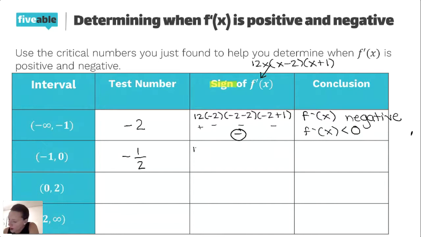So we're going to have 12 times negative 1/2 times negative 1/2 minus 2 times negative 1/2 plus 1. All right, this gives me a positive times a negative times a negative times a positive. What would that give me overall in terms of my sign?